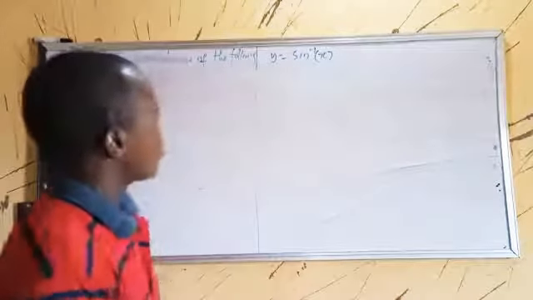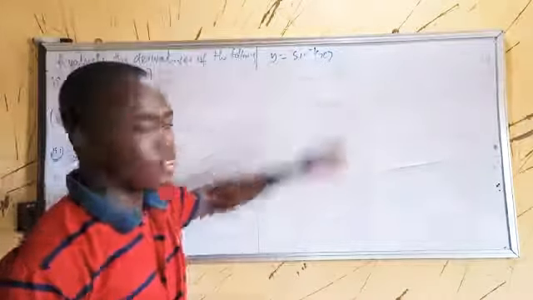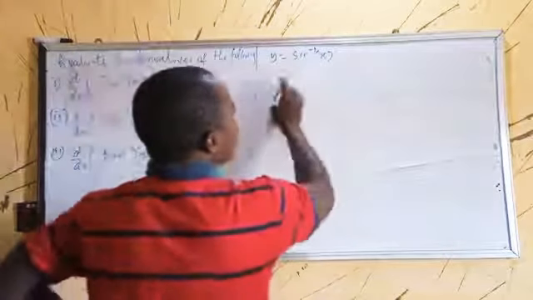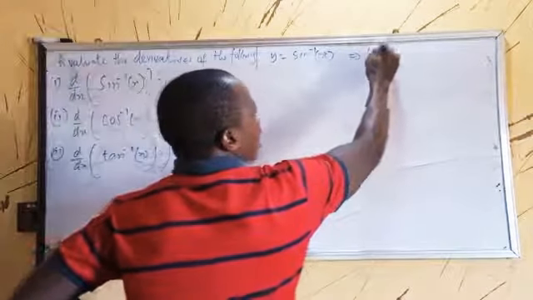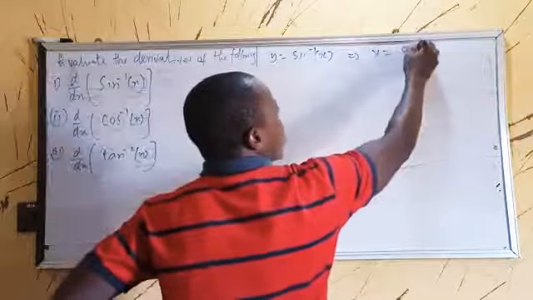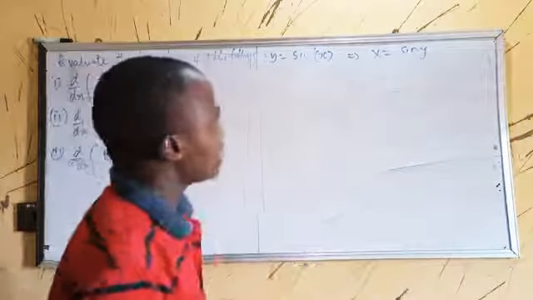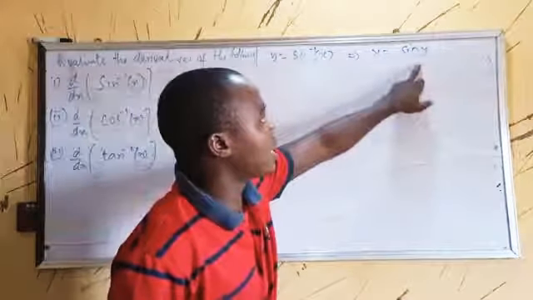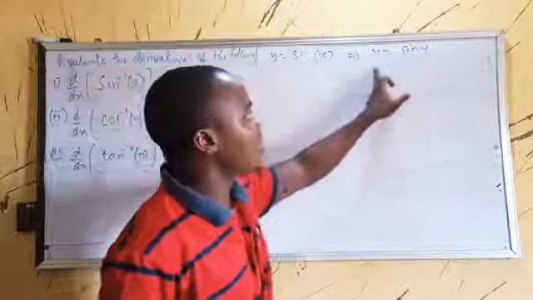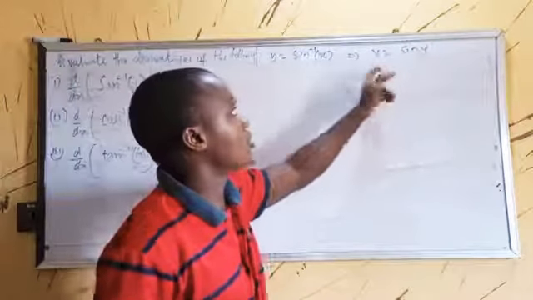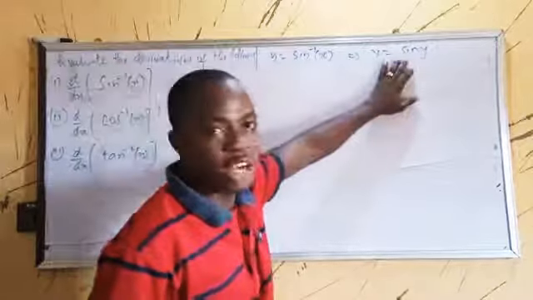Since y equals sine inverse of x, we got this from x equals sine y. Because if you want to know y here, definitely it will be sine inverse. That's it, y will be equal to sine inverse of x. So we got this from what we have there.